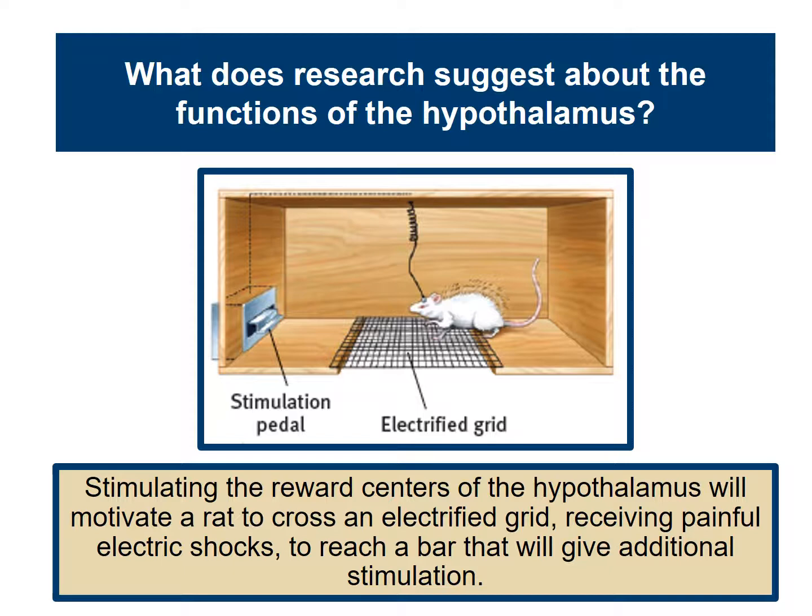Stimulating the reward centers of the hypothalamus will motivate a rat to cross an electrified grid, receiving painful electric shocks in order to reach a bar that will give additional stimulation. It will go back and forth across that electrified grid, receiving painful shocks in order to receive additional stimulation, which is crazy. And that is because of stimulating the reward center of the hypothalamus.